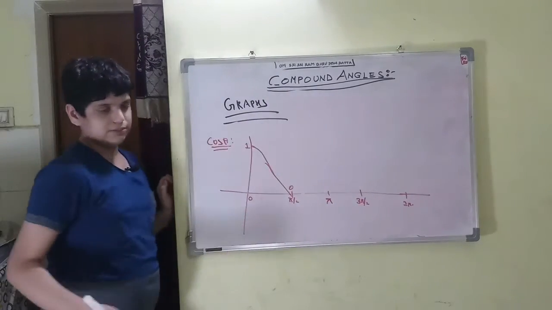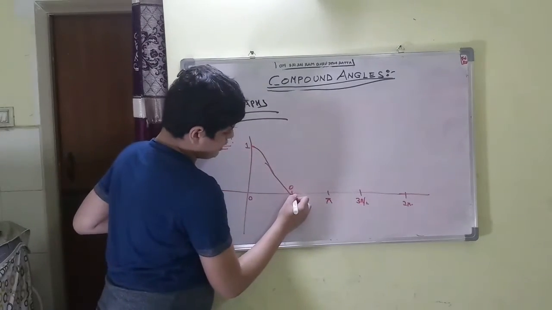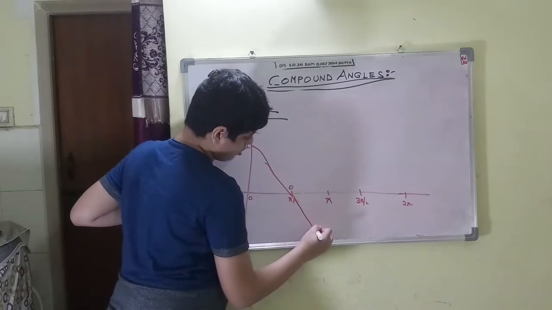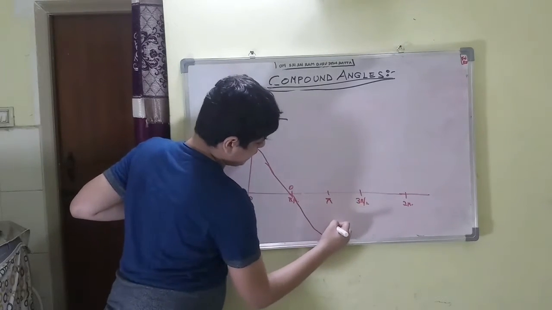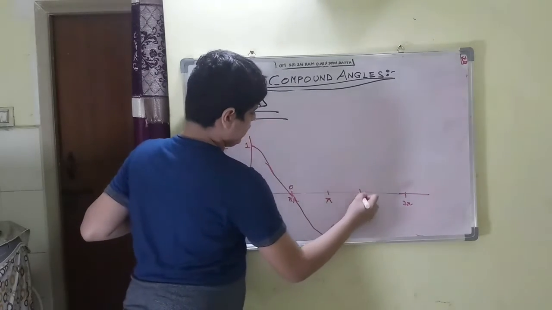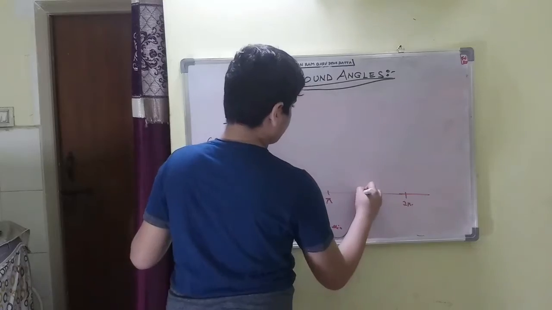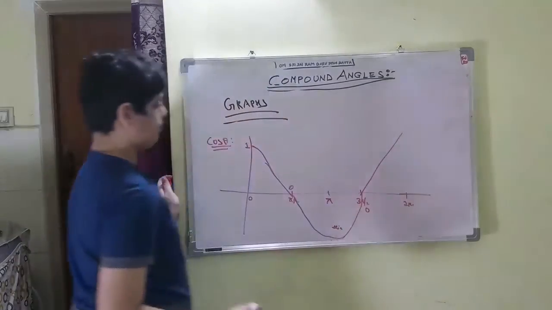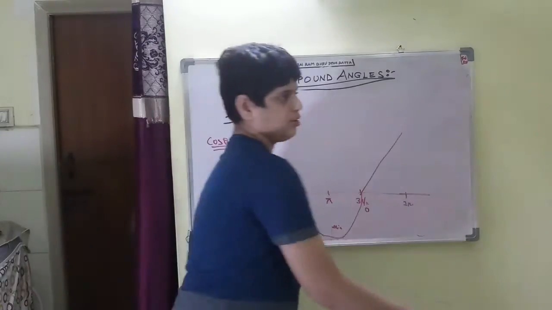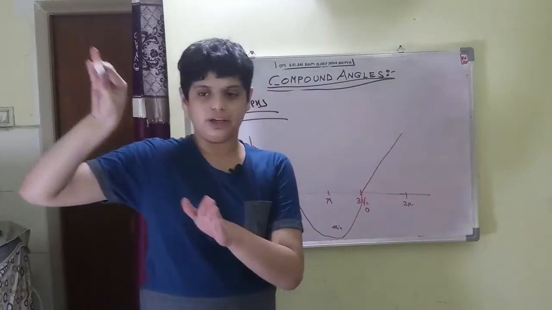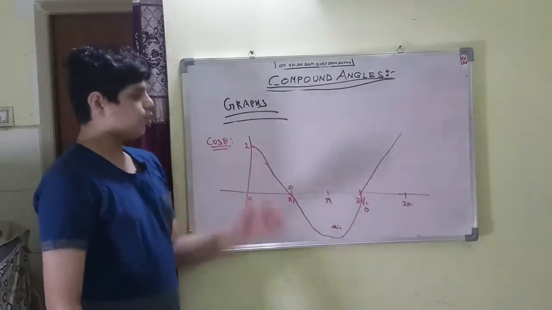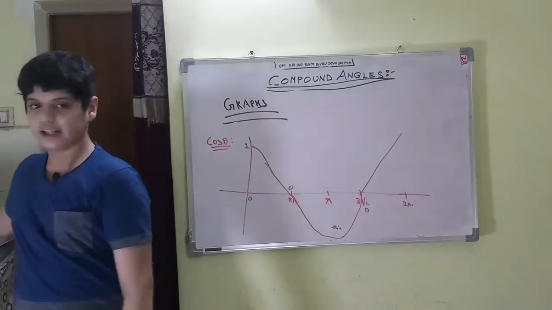It goes down, and at pi it is minimum. At 3 pi by 2 it is 0, and at 2 pi it is maximum again. So it will keep on going like this. It starts at maximum, comes down, and keeps on going like that. You may take a note of it. Then we will discuss the graph of tan theta.